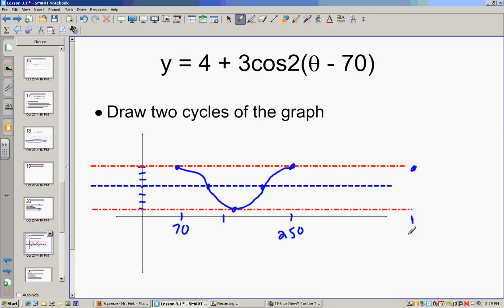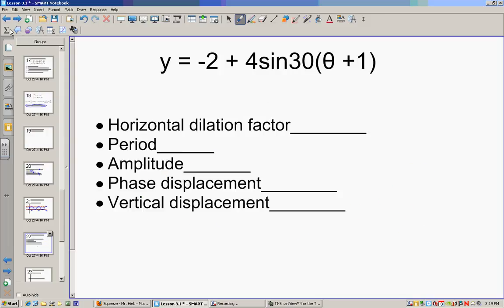So at that point, it's 420. And so we'll just fill in the rest of them. And it's going to come down through. It's still going to go to the left, still going to go to the right, but all we're looking for is 2 cycles. All right, now I want to see you try to get through the rest of these.